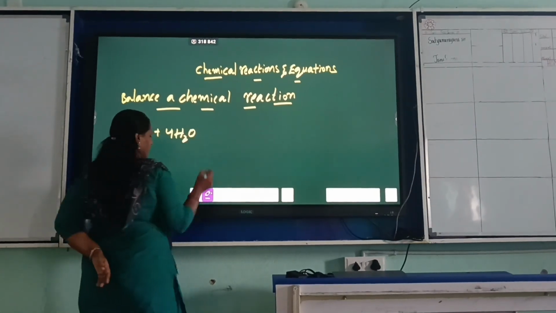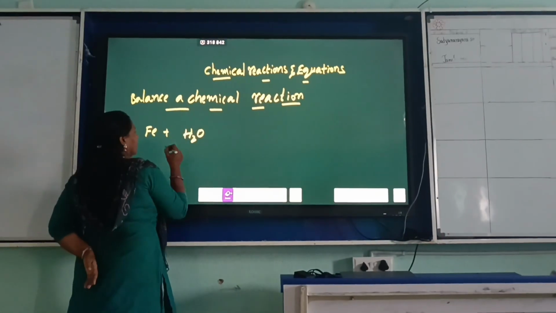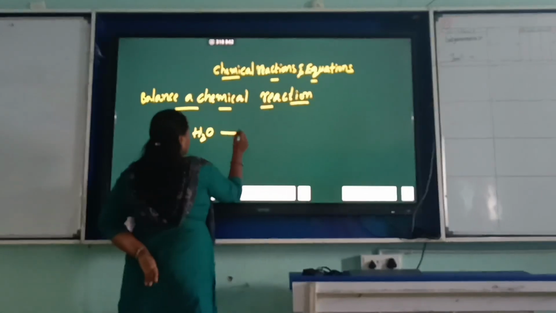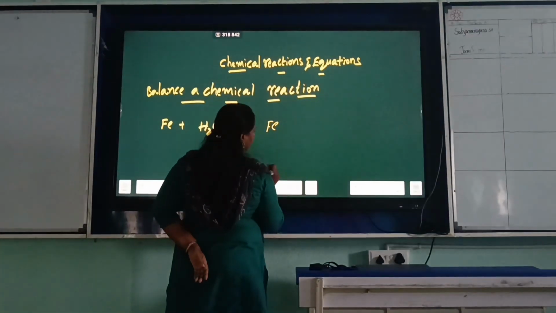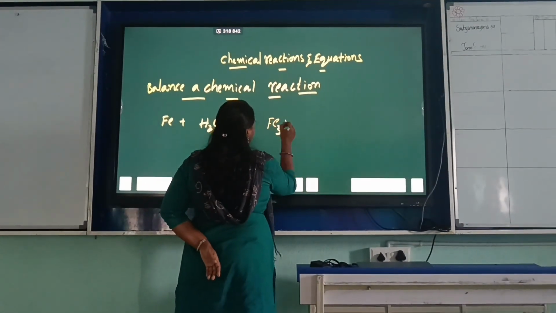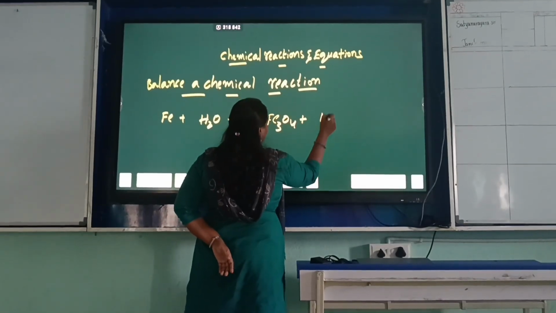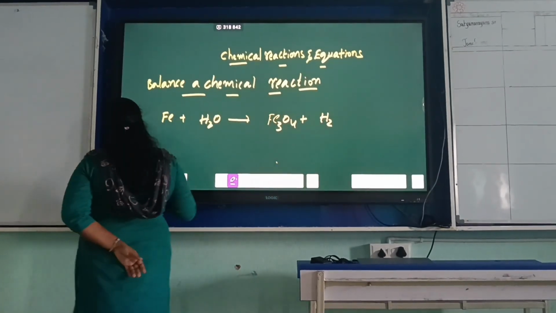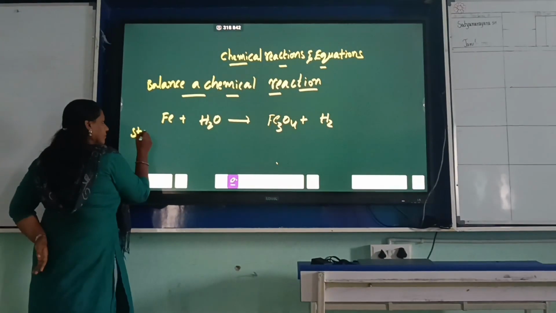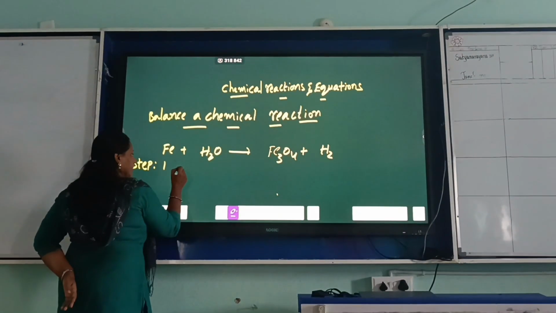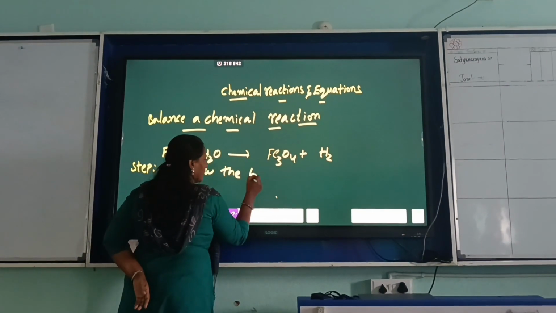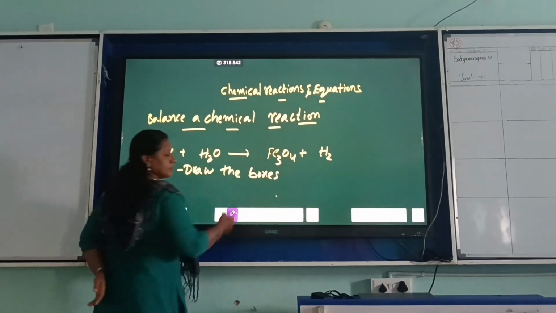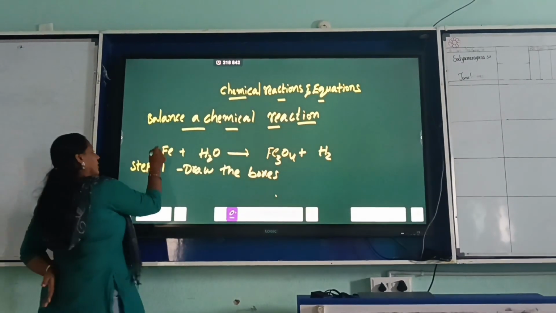Next, how to balance a chemical equation. Take one equation, for example, iron reacts with water to form Fe3O4 plus H2 gas. First, some steps are there. Step 1: draw the boxes. Step 2: count how many of each element are there.